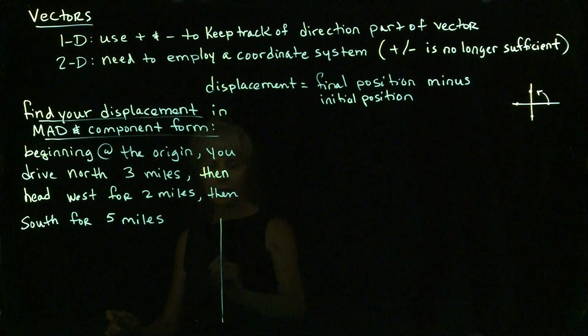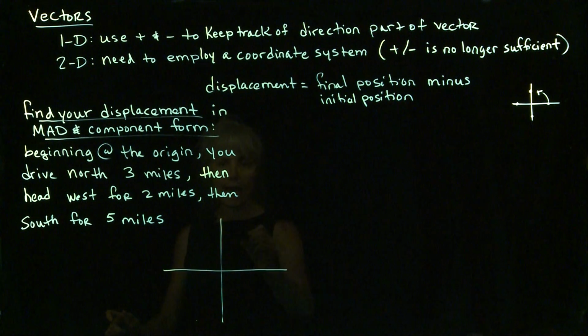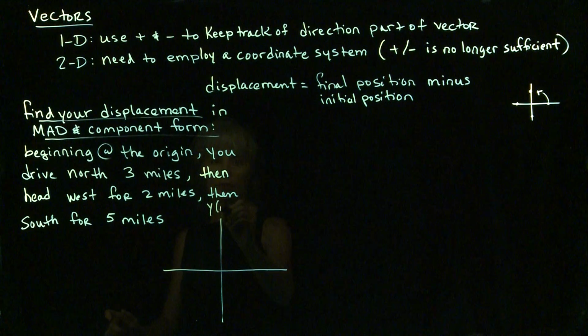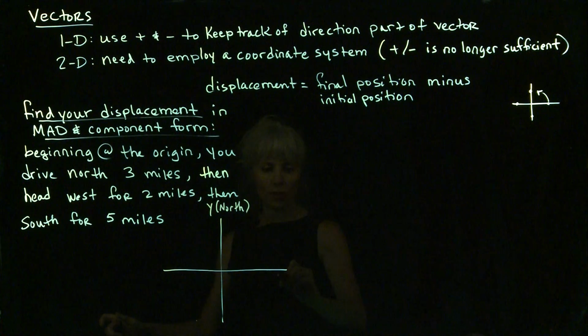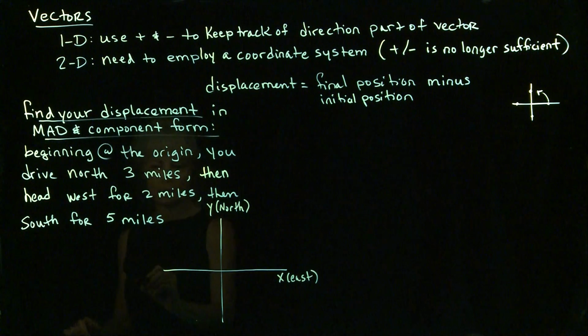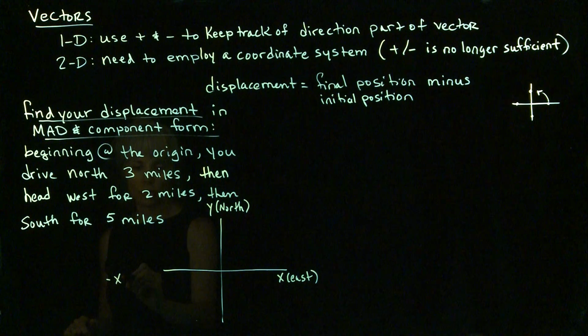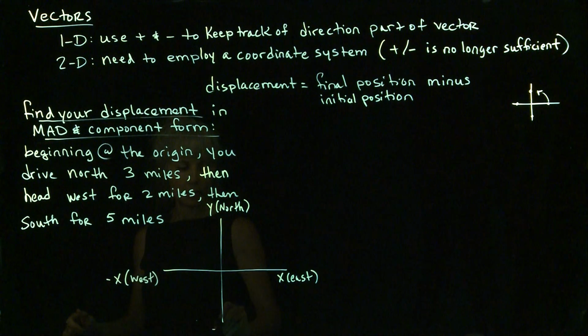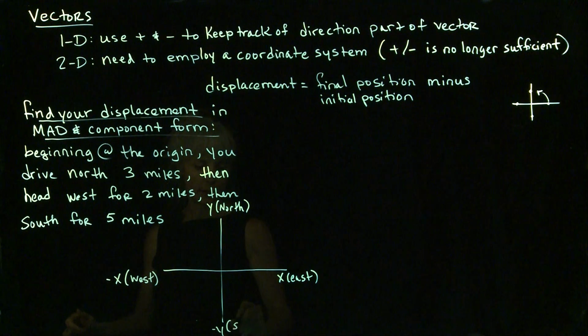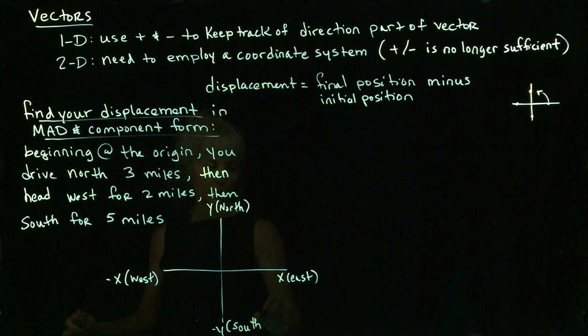So let's take the axes, and the y direction is north. The x direction is east. The negative x direction is west. And the negative y direction is south.